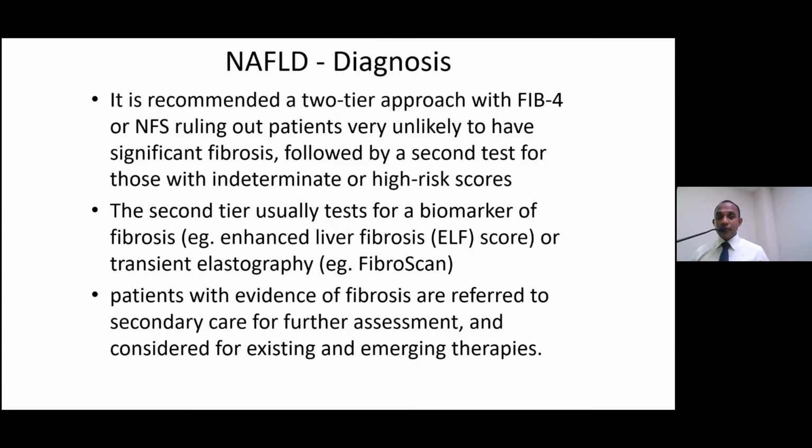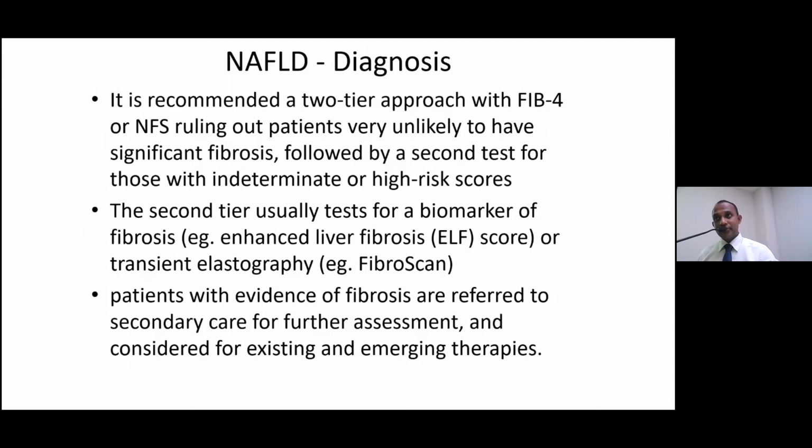When you are doing so, a two-tier approach is recommended. Use something simple like the fibrosis 4 index or the NAFLD fibrosis score to rule out people who are very unlikely to have fibrosis. You calculate this score, and then you rule out the set of people who are highly unlikely to have significant fibrosis. Now you have a set with intermediate or high risk scores who are likely to have fibrosis.